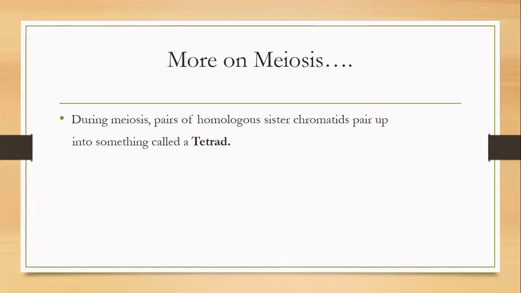During meiosis, pairs of homologous sister chromatids pair up into something called a tetrad. So in other words, all of the genetic information under slot 1 in a karyotype would be a tetrad. So would everything under slot 2, slot 3, all the way down through the chromosome slots, because they are pairs of chromosome under each number.